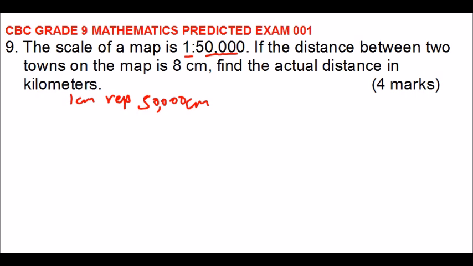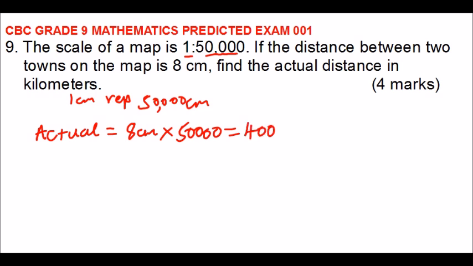And therefore, to get the actual distance between the two towns, since there are 8 centimeters, the actual distance on the ground is equal to 8 centimeters multiplied by 50,000, because 1 centimeter represents 50,000. So that will give you, using your calculator, 400,000 centimeters.